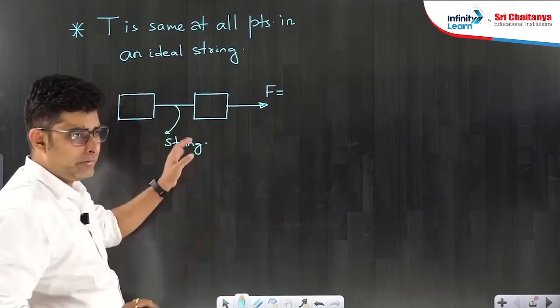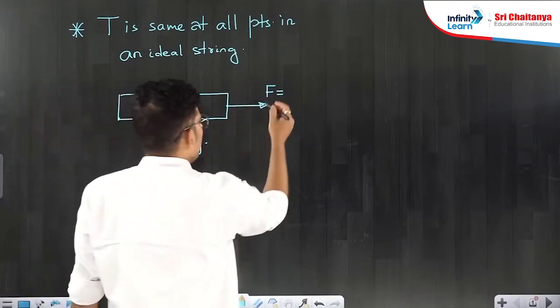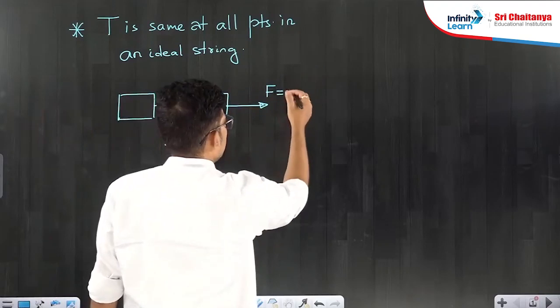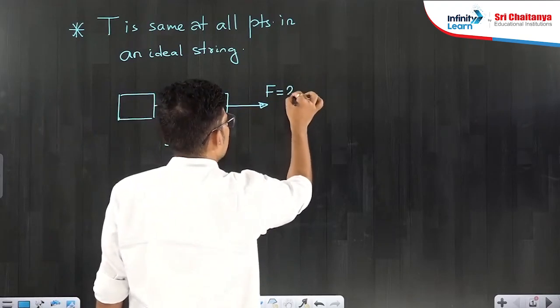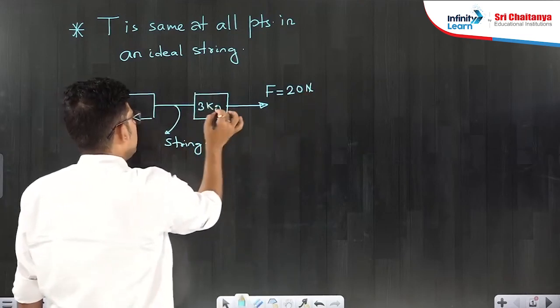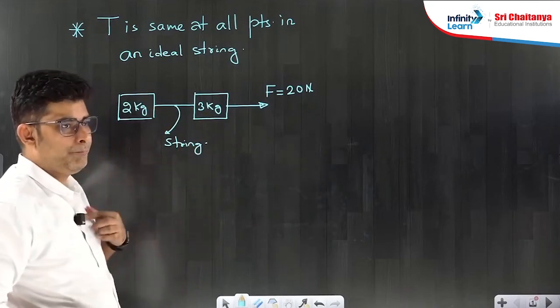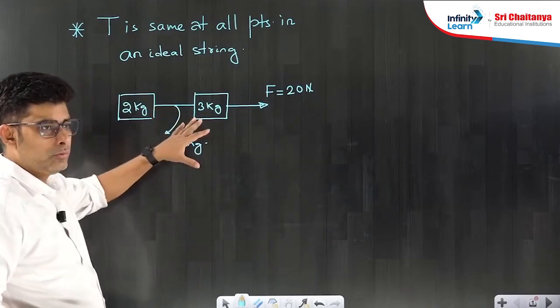If nothing is mentioned, we will take it as ideal. Suppose I am applying a force of 20 Newton, and this one is 3 kg and this one is 2 kg. Clear?